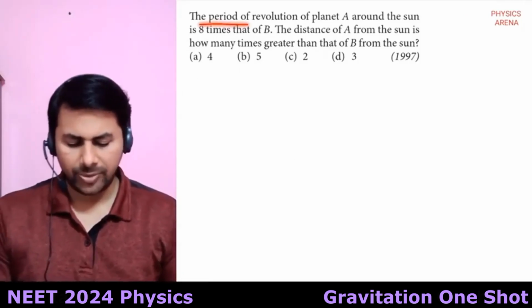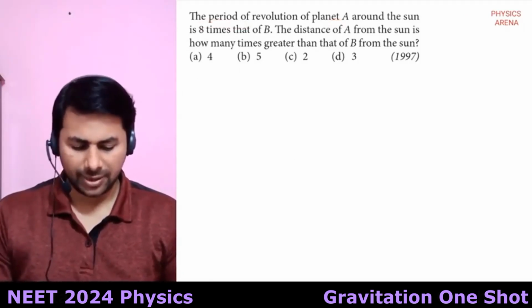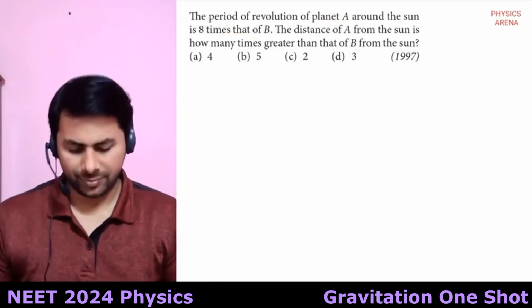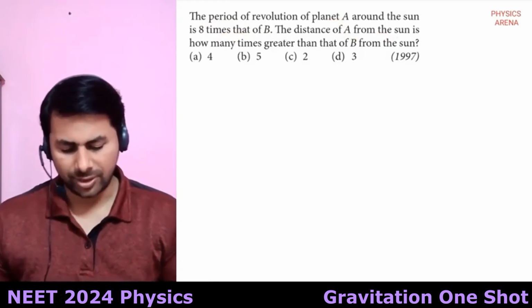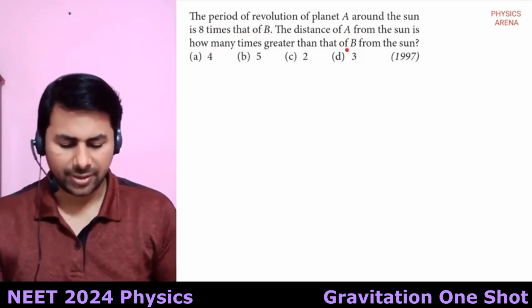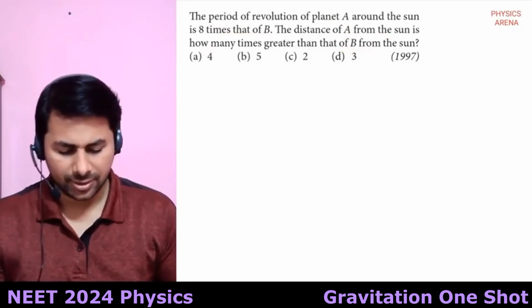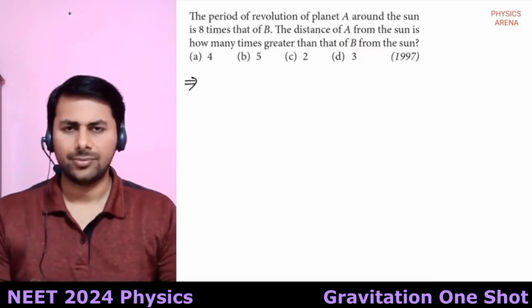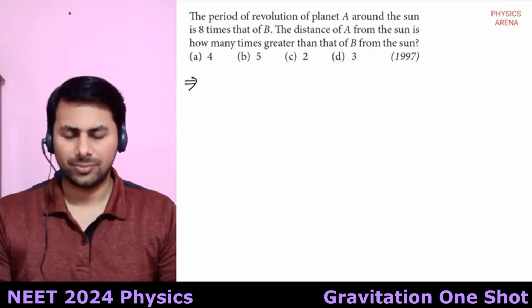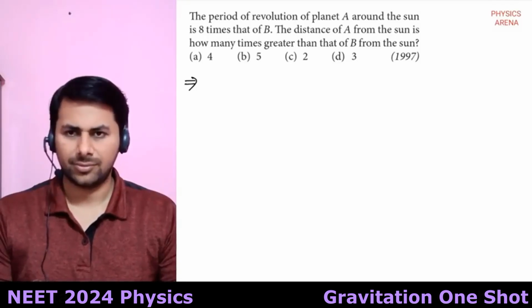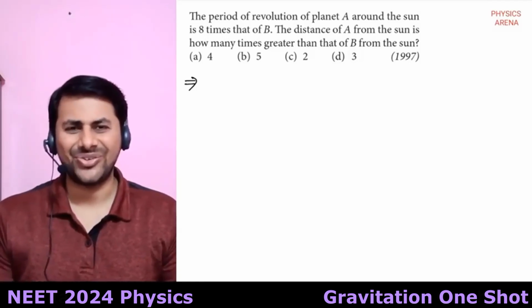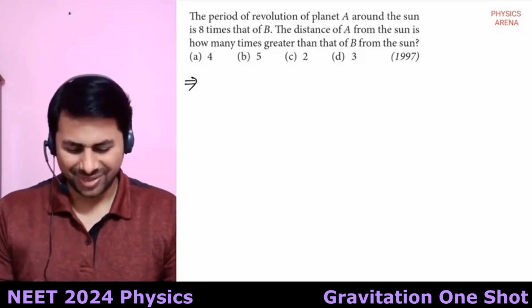Next one, the period of revolution of planet A around Sun is 8 times that of B. The distance of A from the Sun is how many times greater than that of B from the Sun? Tell me. Here you can use T square is proportional to R cube.